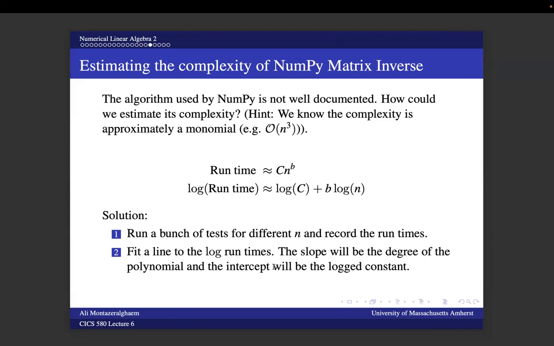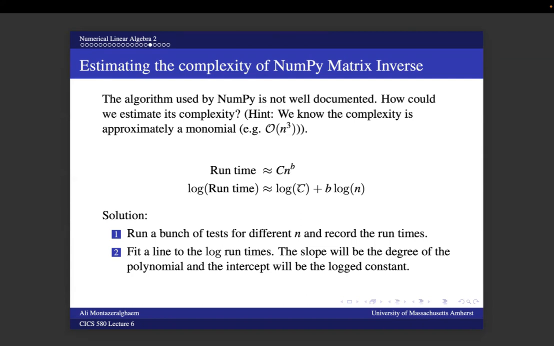The slope of this line should be the degree of the polynomial, and then we can say what b is, and also what c is.